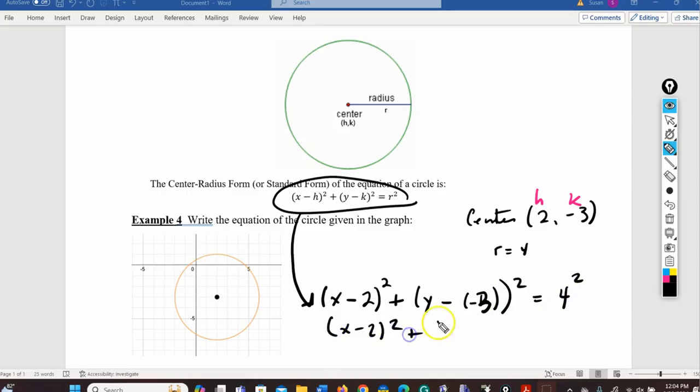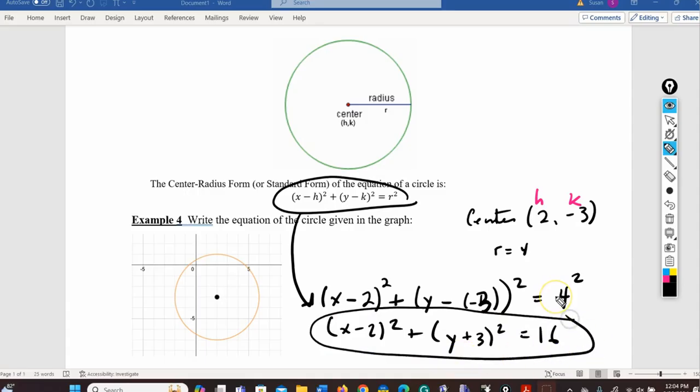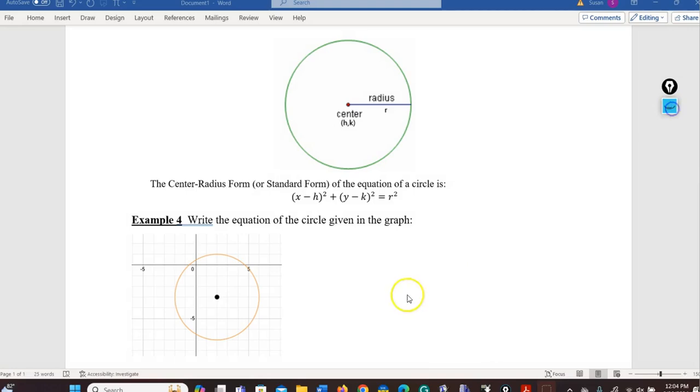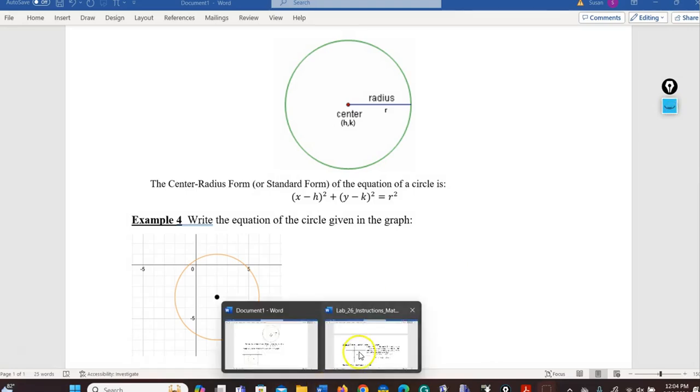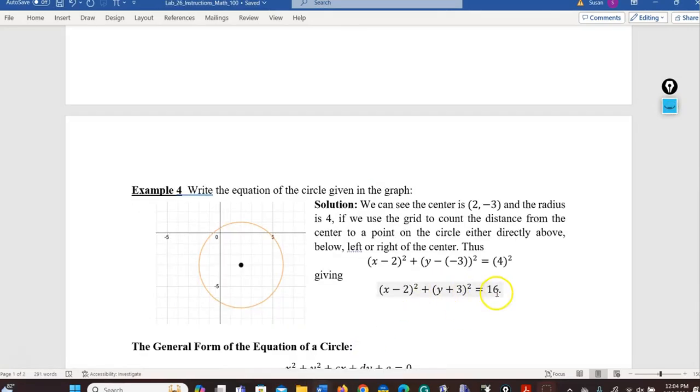Nothing to change there. This would be y plus 3 all squared and 16. That's how you would see it in the back of the book. So let's check with, okay, so we got the same answer there.